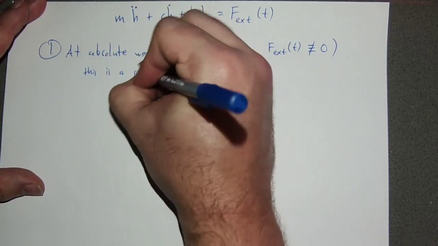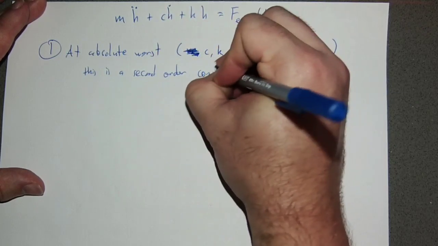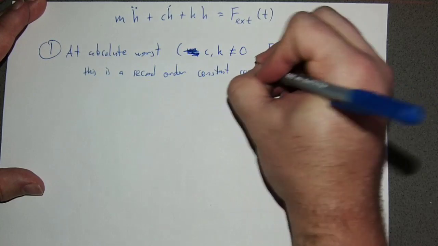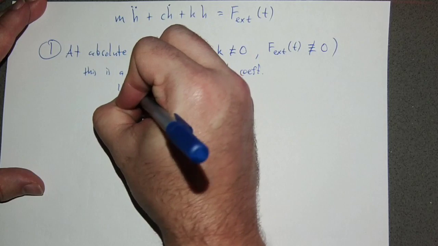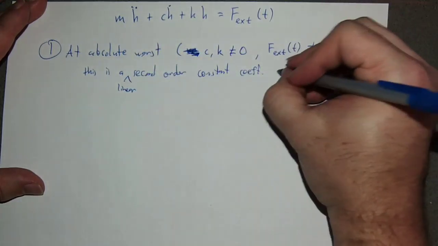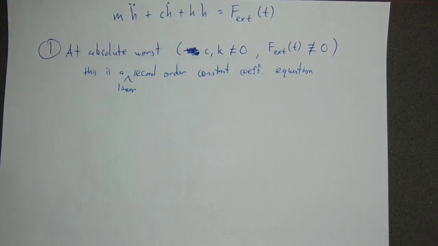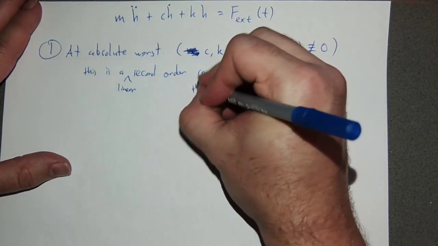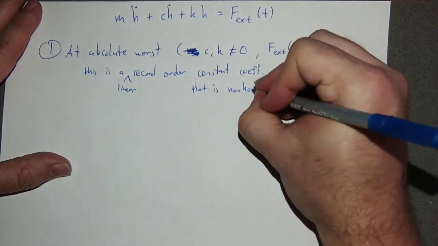a second order constant coefficient linear, obviously. So it's a linear second order constant coefficient equation. That is non-homogeneous.